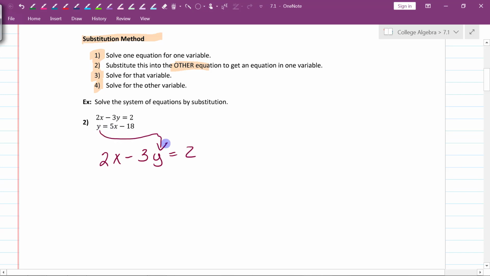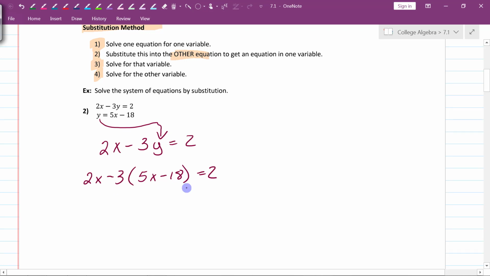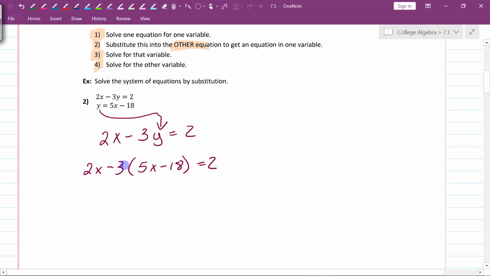So to rewrite that, this will be step 2, actually, what I'm writing down right now. So that's 2x minus 3 times y. y is equal to 5x minus 18. So we're going to put what y equals, 5x minus 18, right here, equals 2. All I did was substitute in what y equals right there. Now I'm going to use the distributive property and distribute my negative 3.